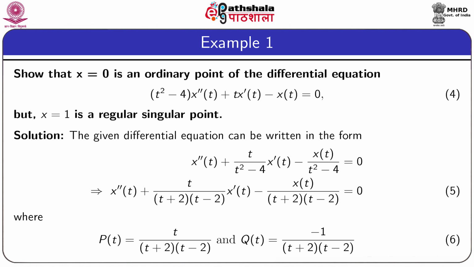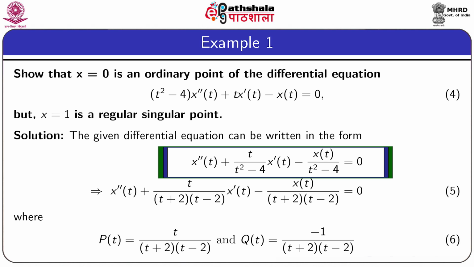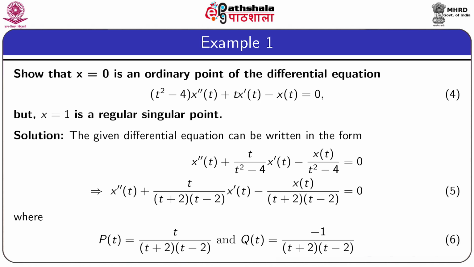The given differential equation, we rewrite it in the form x double dash t plus t by (t square minus 4) x dash t minus x(t) divided by (t square minus 4) equal to 0, and this we get by dividing the whole differential equation by t square minus 4.